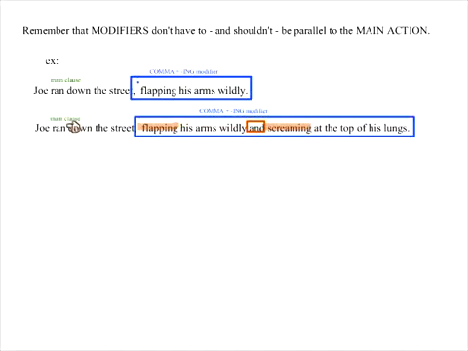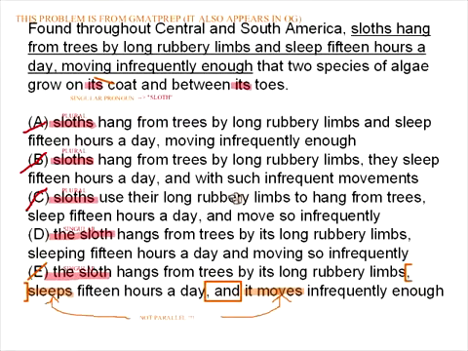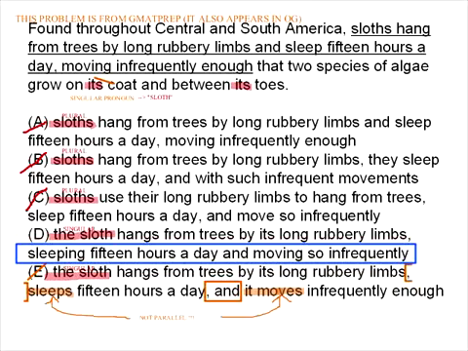Okay, so if you go back and look at this, this is the same construction. It's precisely the same sort of thing going on. This is a comma plus ing modifier. Same type of modifier we just saw. So within that modifier, we have a smaller parallel structure. Here's your tag. This is and.